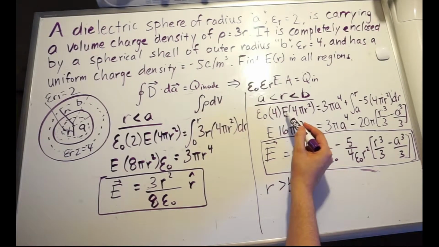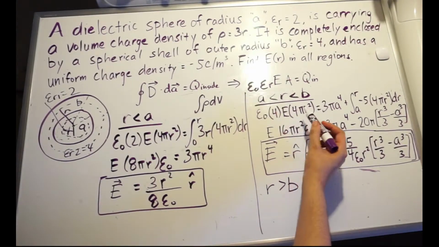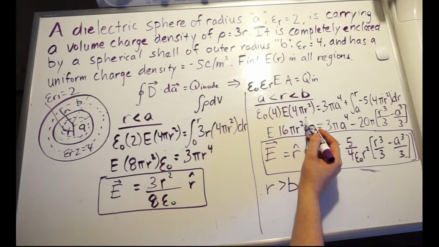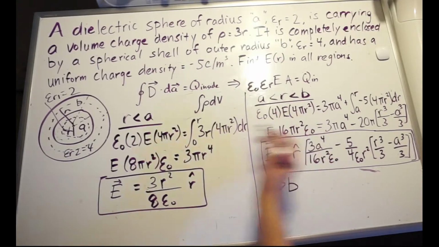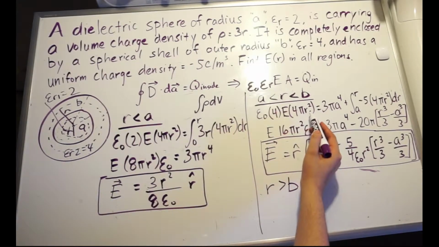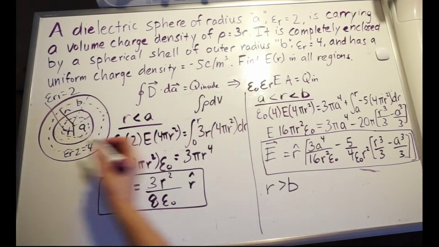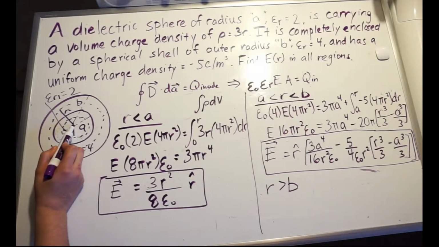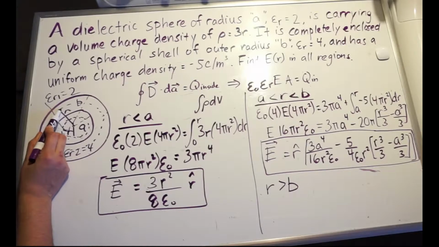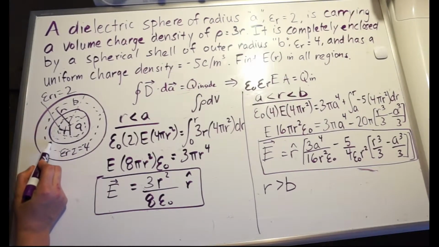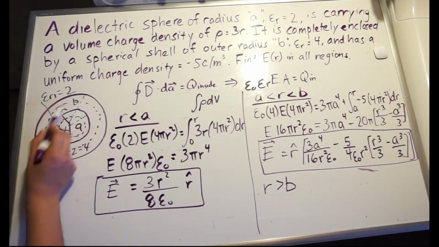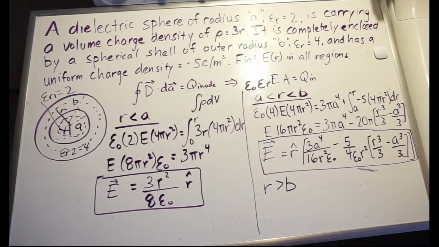So 4 times E, again we're solving for E, and the surface area of our Gauss surface is still 4 pi r squared, where r is the distance from the center of the sphere to where we made our Gauss sphere.